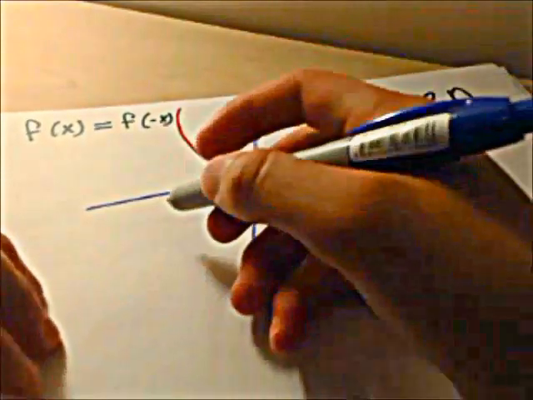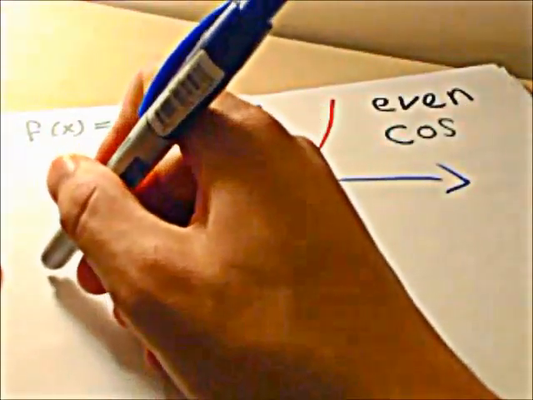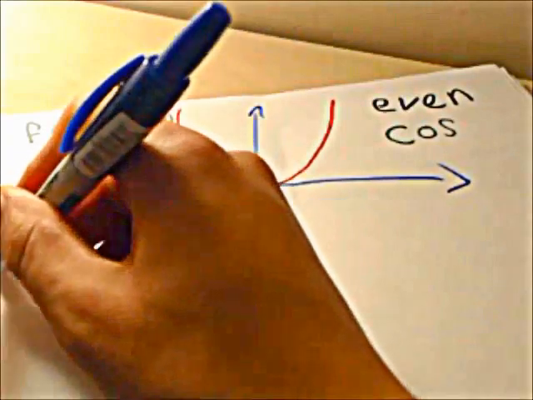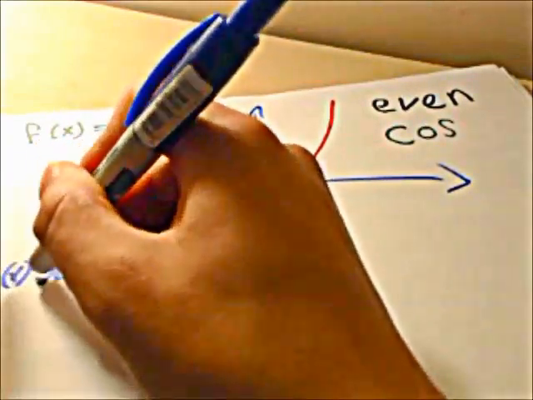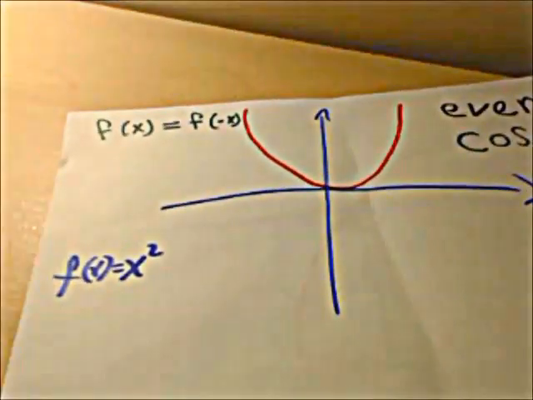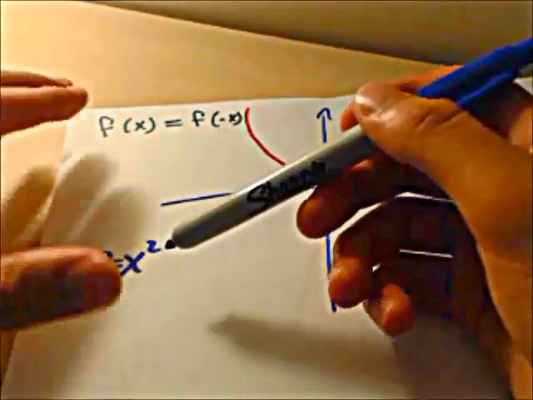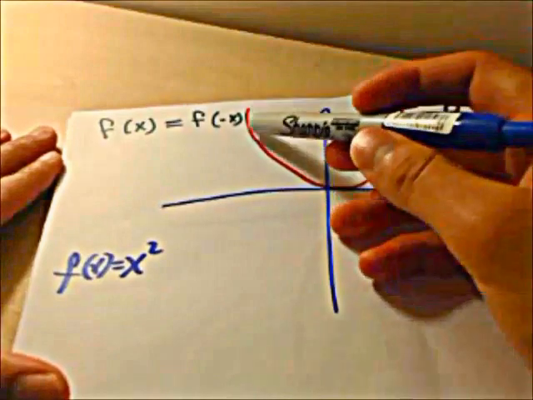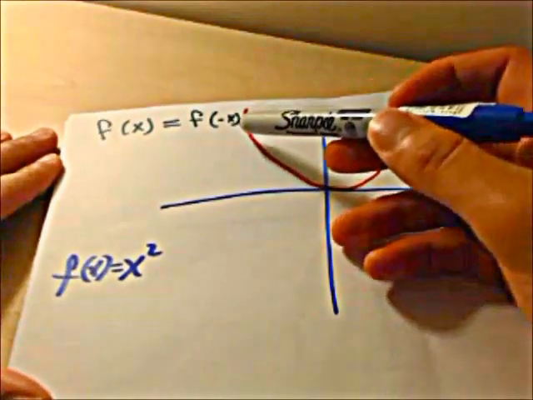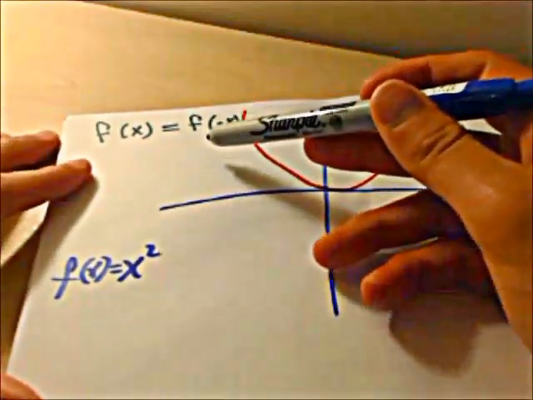Pretend that f of x equals x squared. If that is an even function, then if we apply this condition, it would be the same.